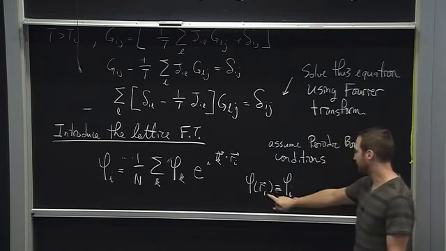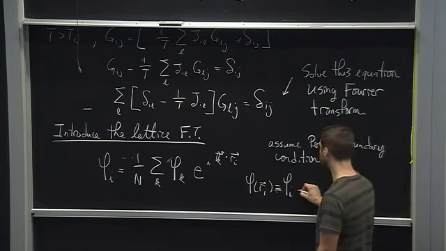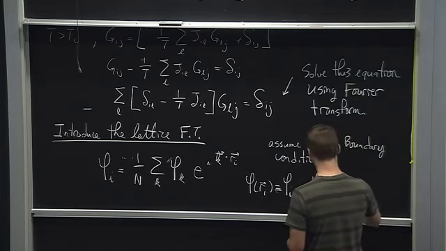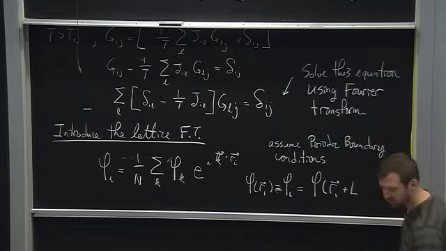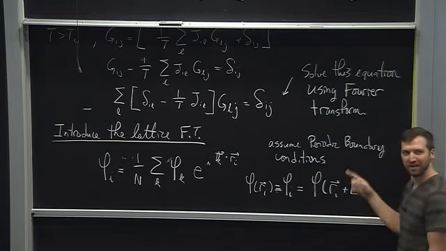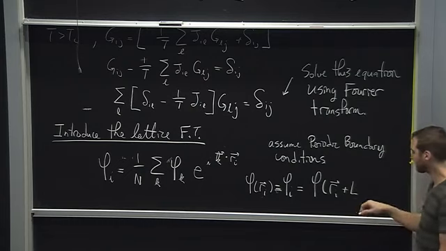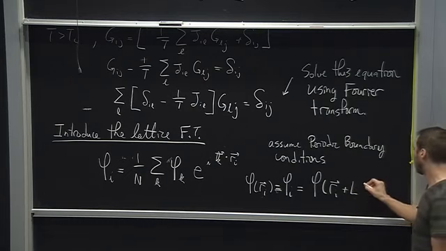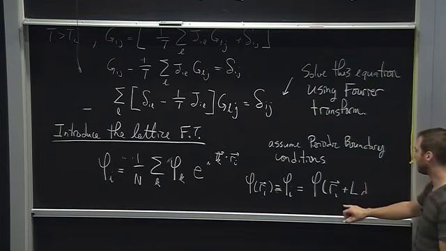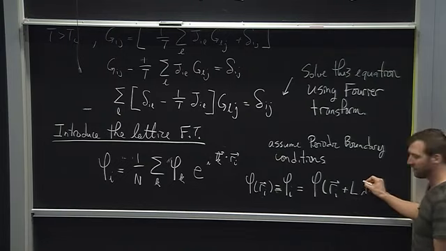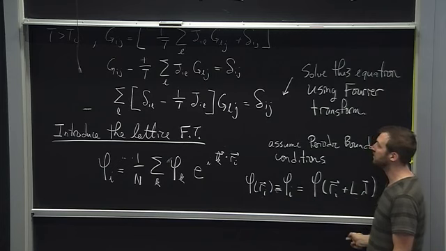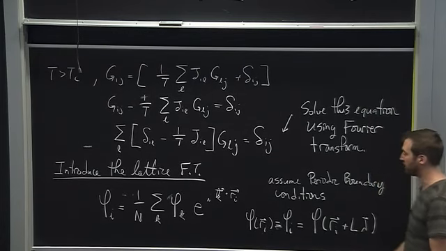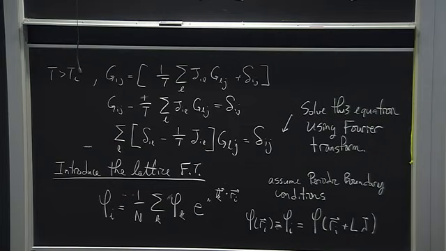Phi_i is phi at this position vector r. And if I translate through the system by the linear size L, so an L by L by L by L hypercube, in some direction lambda, I'll use lambda for a unit vector, then that field should be equal to its value before that translation. So L is the linear size of the system, and lambda is the unit vector.